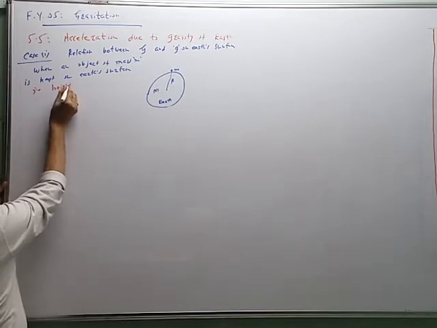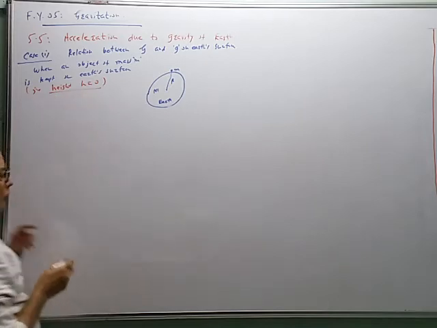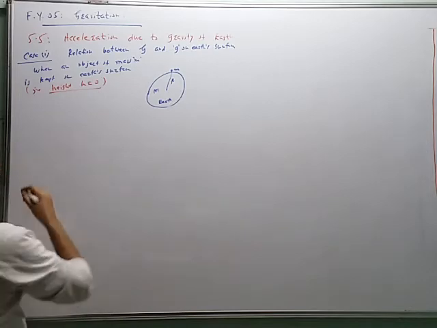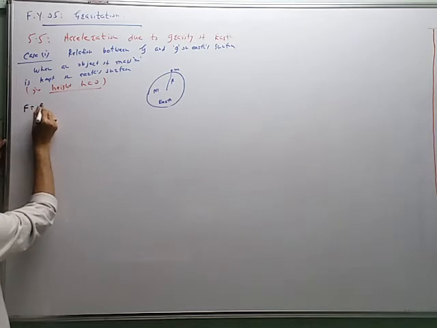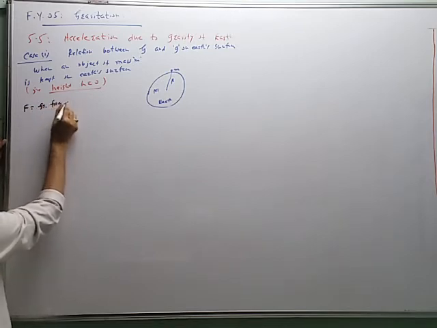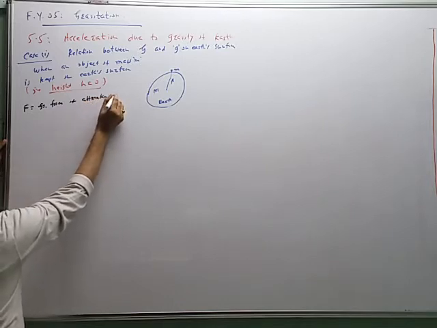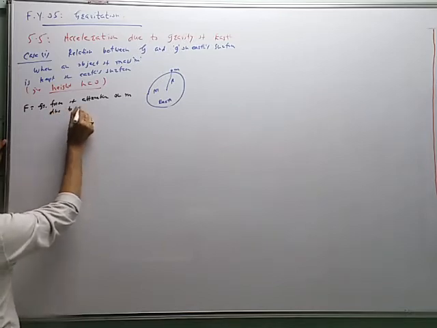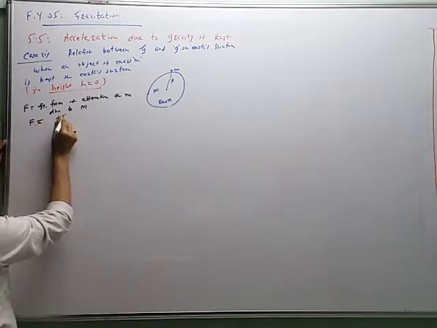that is, the height of the object from the surface of the Earth, h, is equal to 0. So in this case F is equal to the gravitational force of attraction on m, G M m upon capital R square.